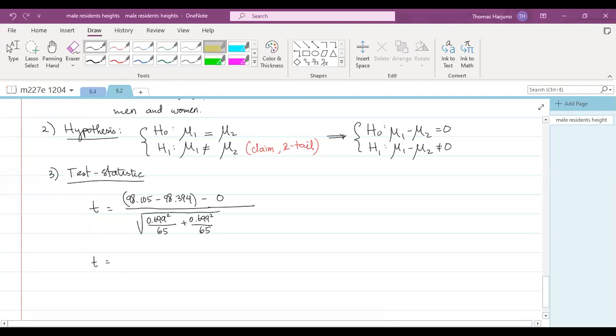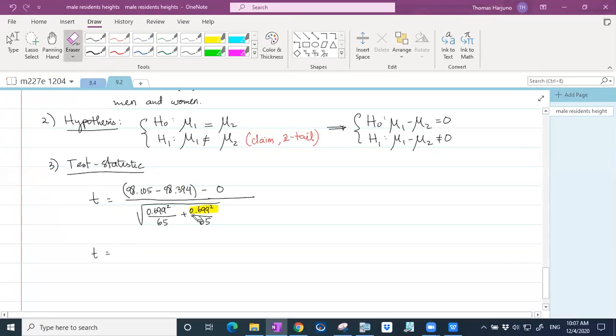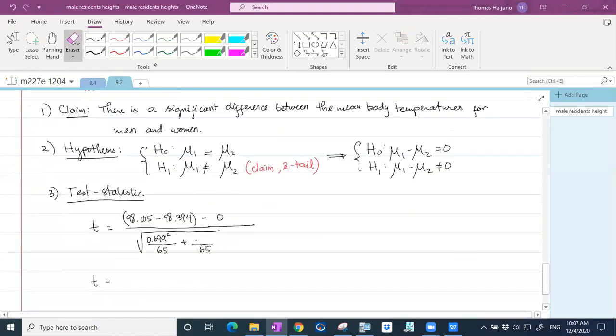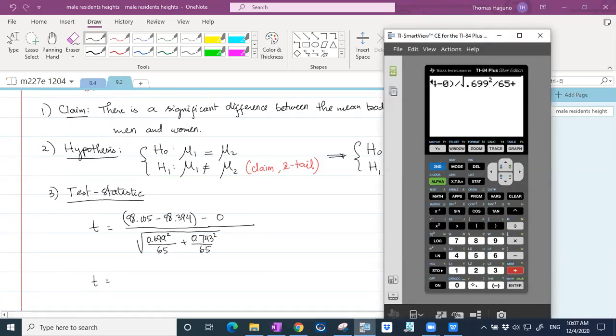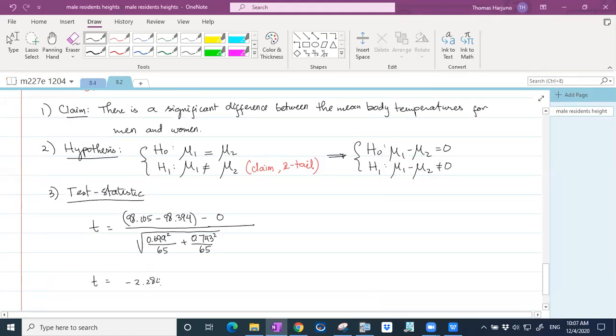My number here is incorrect. I need to change that. Earlier I used the calculator and didn't realize that it doesn't show up to you. It's 0.743. Sorry. Then I realized that's 0.743 squared over 65, happens to be the same sample size. That's negative 2.28403. Do I copy that right?